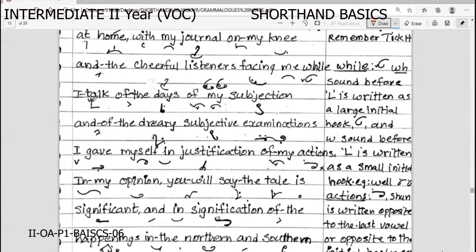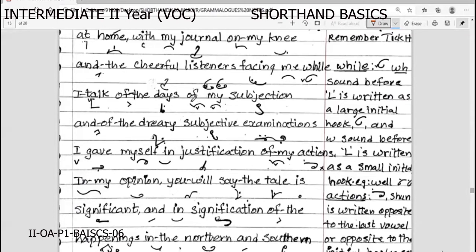I talk: I-T-O-N-K. You're going to write I diphthong, T above the line and K, joined to I diphthong. Okay. Of the is the Grammalogue you all know. Days is D-A-N, circle is days.